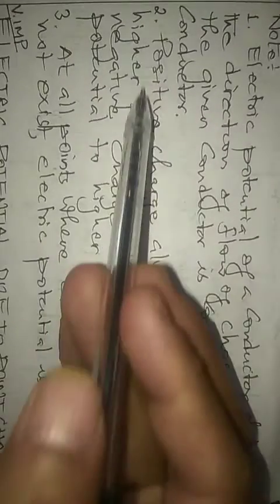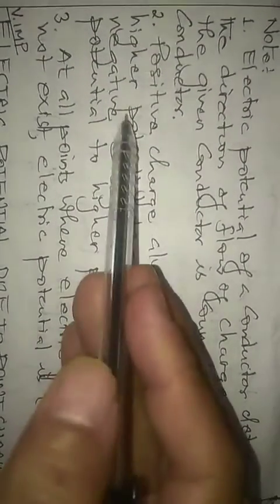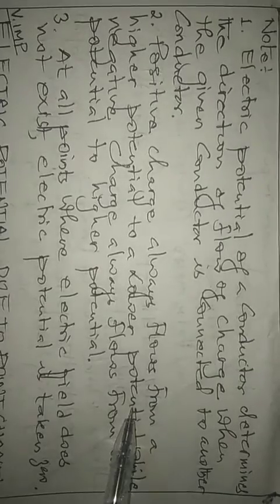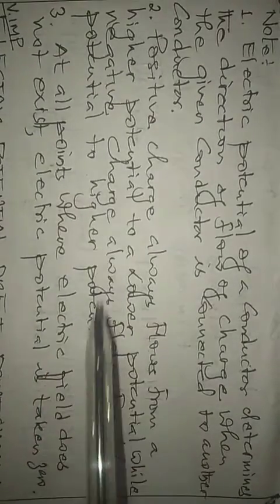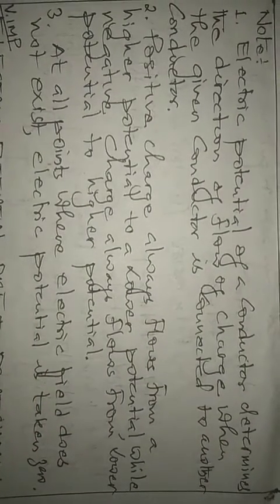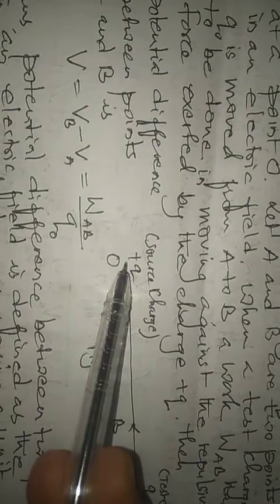The next point to keep in mind is number 2. Positive charge always flows from higher potential to lower potential, while negative charge always flows from lower potential to higher potential. This can be understood with the help of the diagram we discussed for potential difference. When the charge was a positive charge, point B was taken as higher potential and A was taken as lower potential.